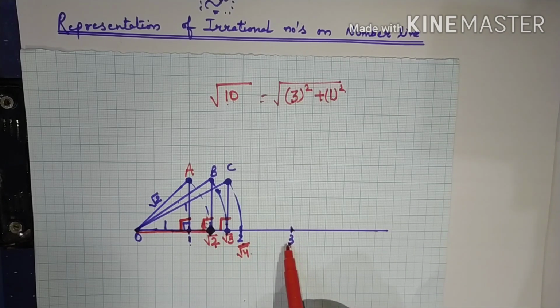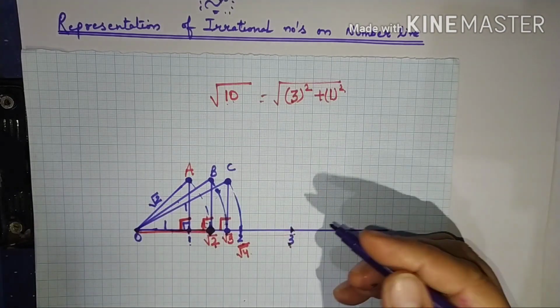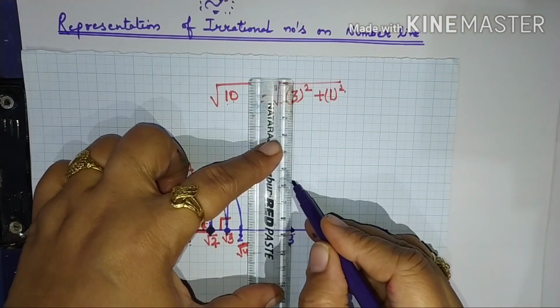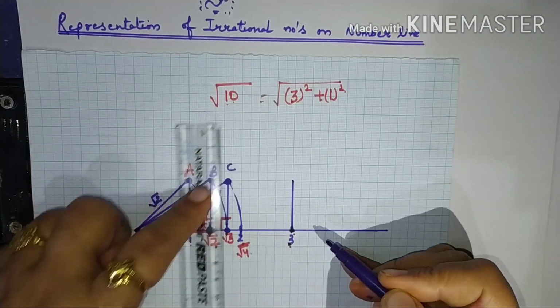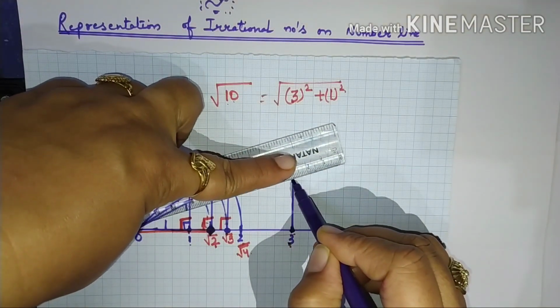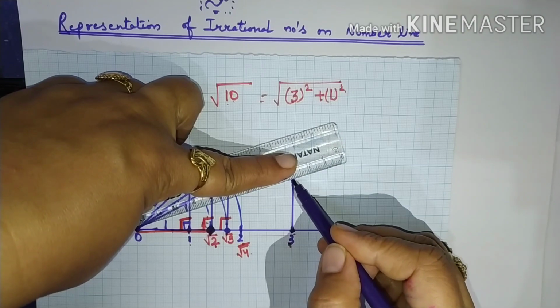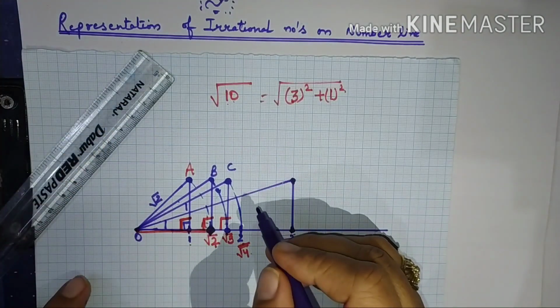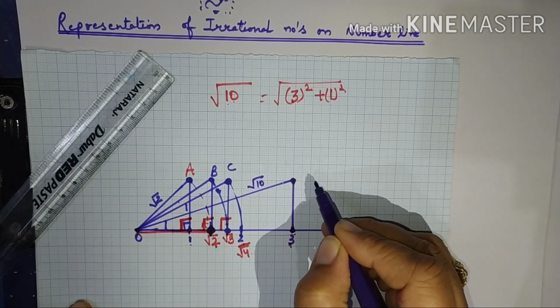This is the base square plus this is the perpendicular square. From here this hypotenuse will be root 10.